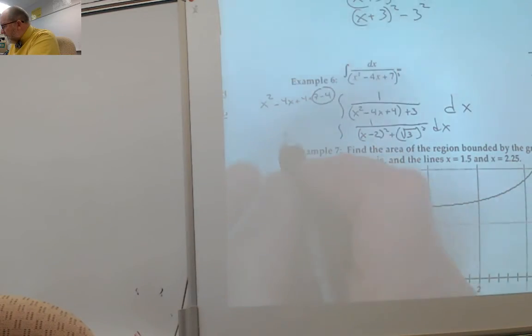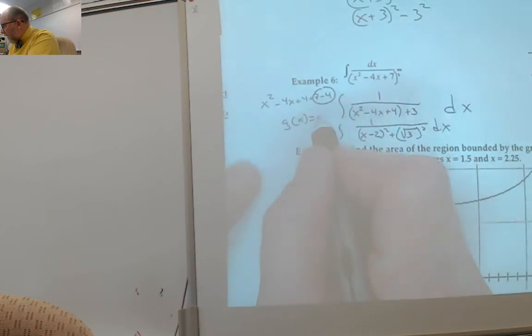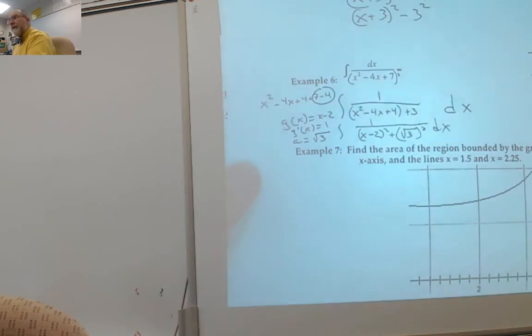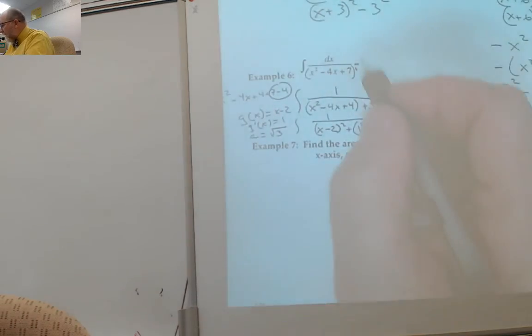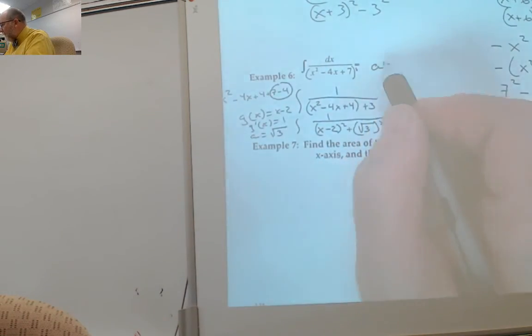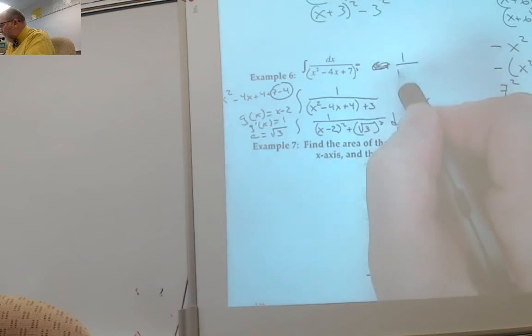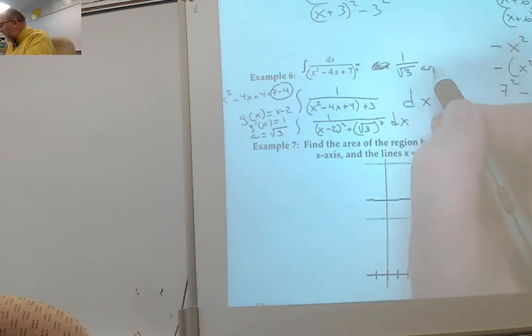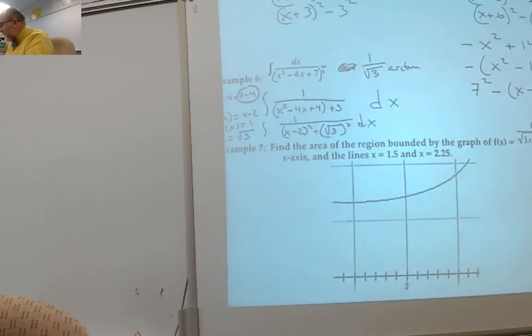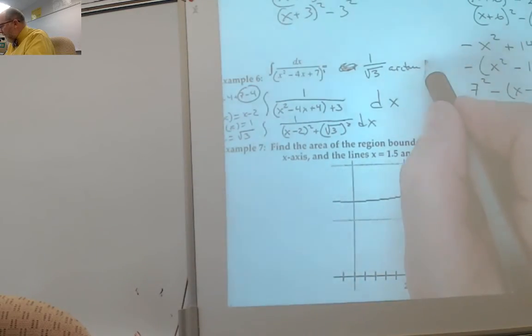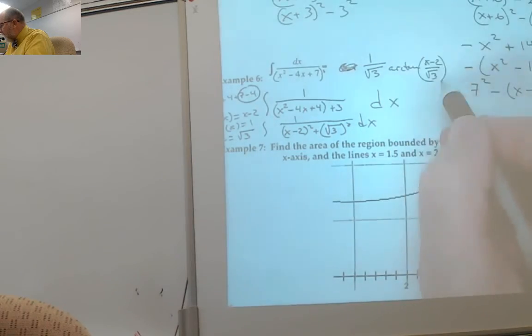So g of x equals x minus 2, g prime of x is equal to 1, and a is equal to the square root of 3. So it's going to be 1 over the square root of 3 arc tangent of (x minus 2) over the square root of 3 plus c.